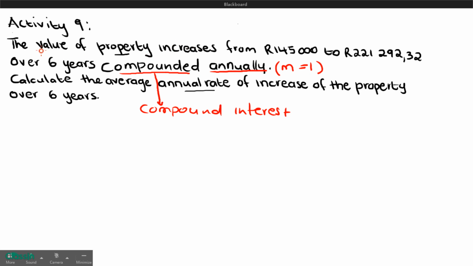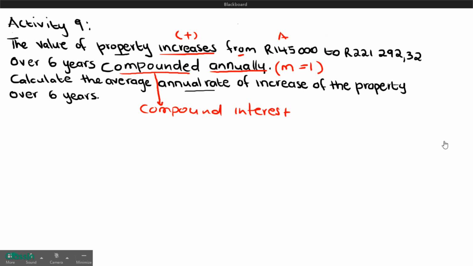Now it also says that the value of property increases. And I mentioned that when the value of money increases, it means that in our formula we're going to use positive. It increases from where?